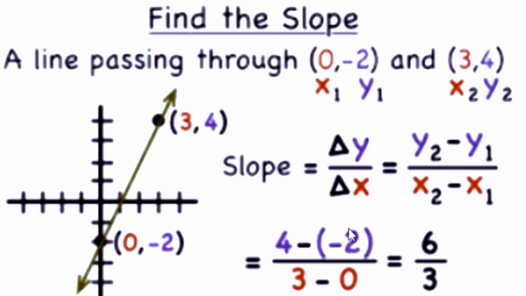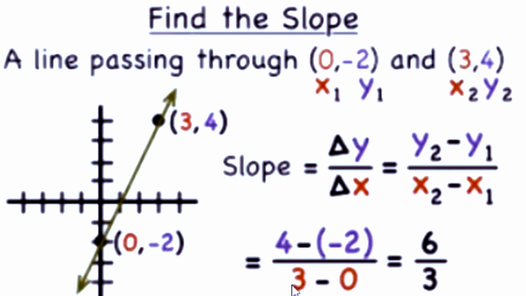We know from our lesson on signs that when you see 2 negative signs together, 4 minus -2 means 4 plus 2, right? 4 plus 2 equals 6. So now we're done with our y, right? Now we need to find our change in x. And we're going to start with x2 first. So we know from the information provided that x2 is 3.